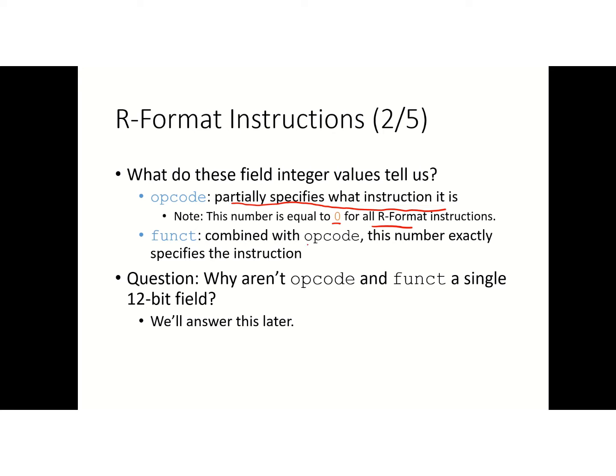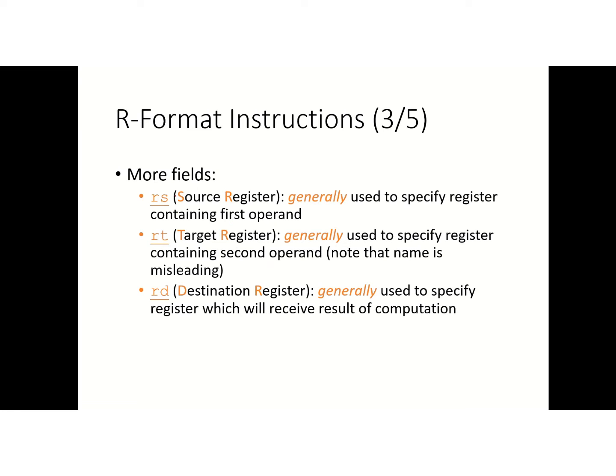The function is combined with the opcode: with all 0 in the opcode, the function has a value that is not all 0, and this number exactly specifies the instruction. You might be wondering why the opcode and function are not combined into a single 12-bit field. We will answer this question later on. And then we have more fields, which is RS.